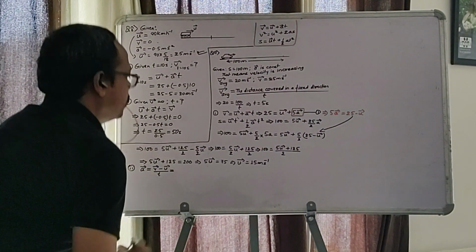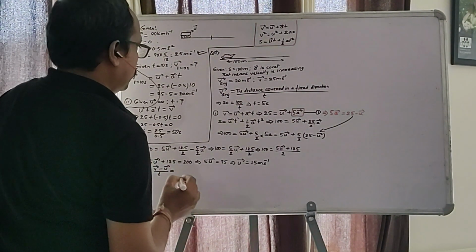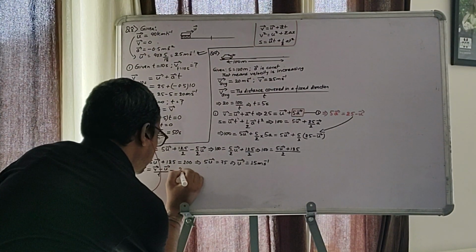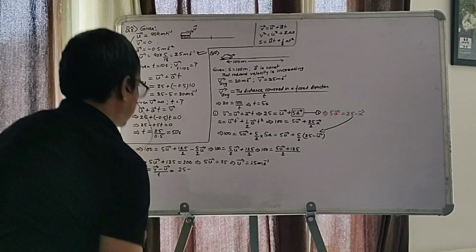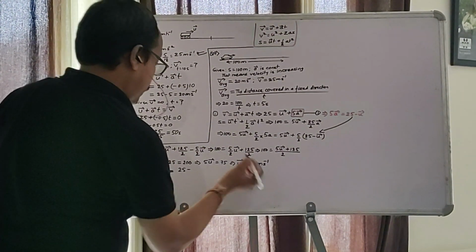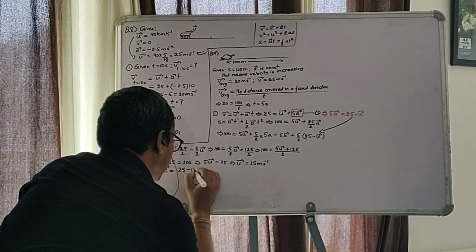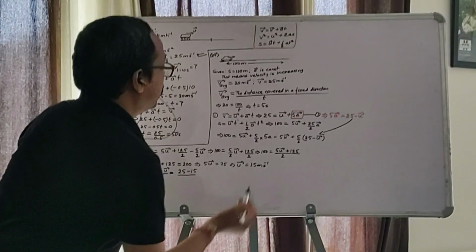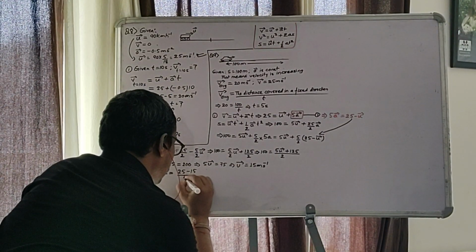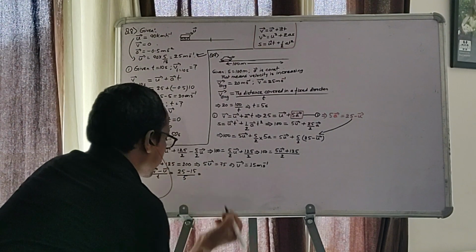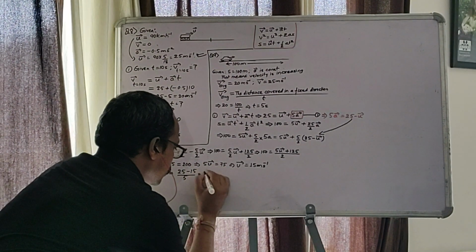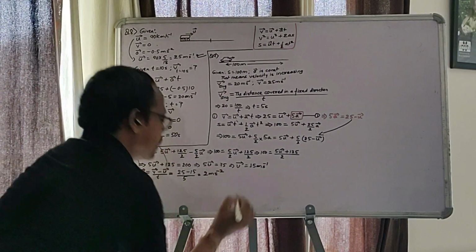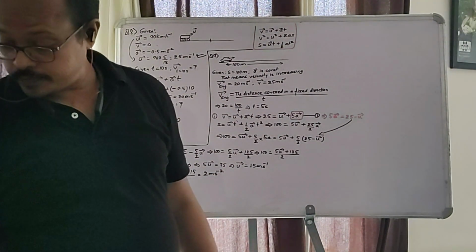What is the value of v? We have the value of v as 25. And what is the value of u? U we have just calculated as 15. And what is the value of t? T we have calculated 5. So 25 minus 15 is 10, 10 by 5 is 2 meter per second squared.